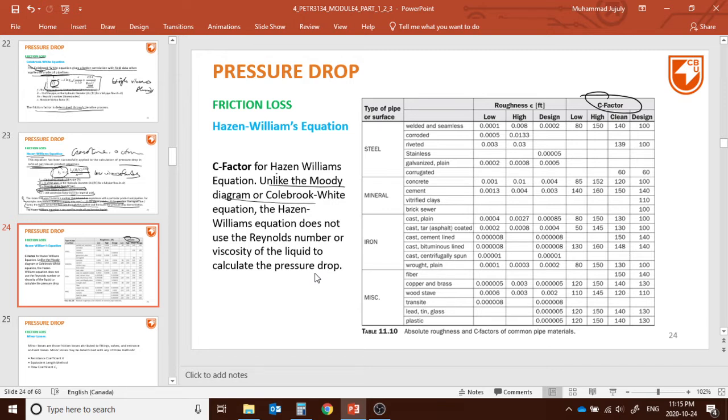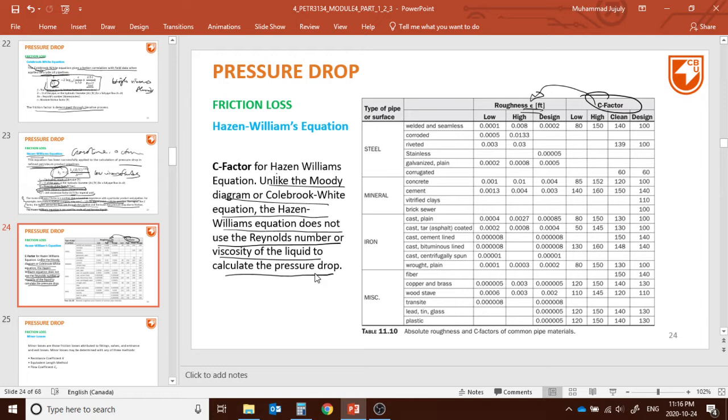Unlike Moody's diagram or the Colebrook-White equation, the Hazen-Williams equation does not use the Reynolds number or the viscosity of the liquid to calculate pressure drop, and that's exactly why we have this factor. This factor is loosely based on roughness.